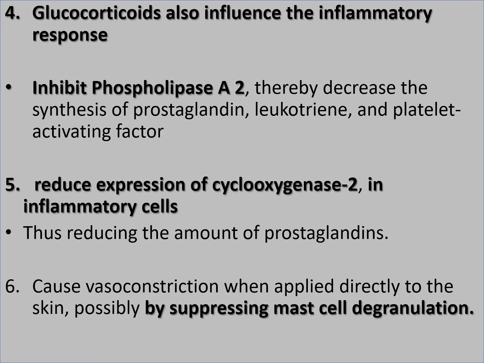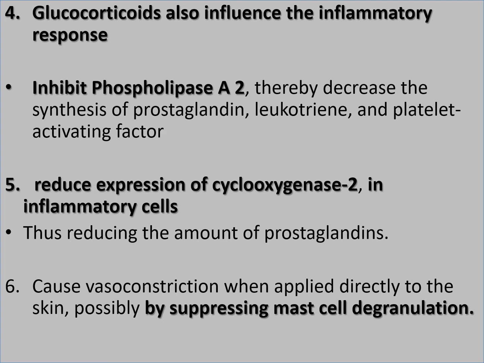In regard to the inflammatory response, they have certain other effects on two things: phospholipase A2 and cyclooxygenase 2. They inhibit phospholipase A2, thereby decreasing the synthesis of prostaglandins, leukotrienes, and platelet activating factor.